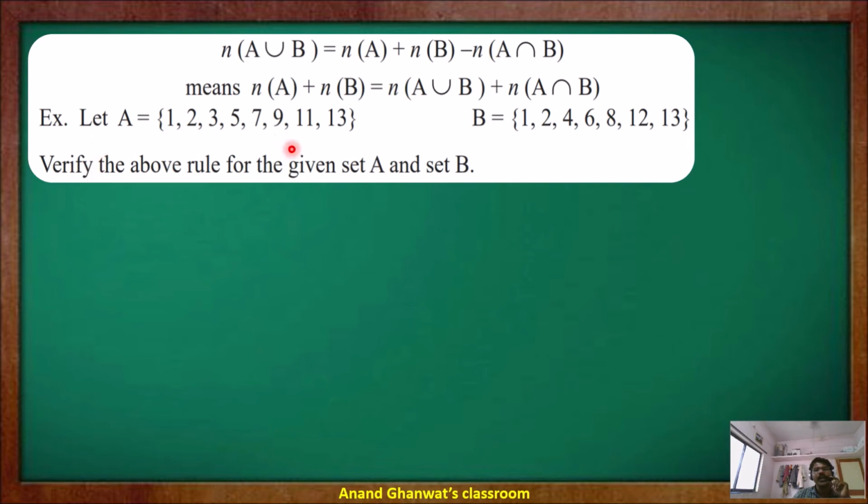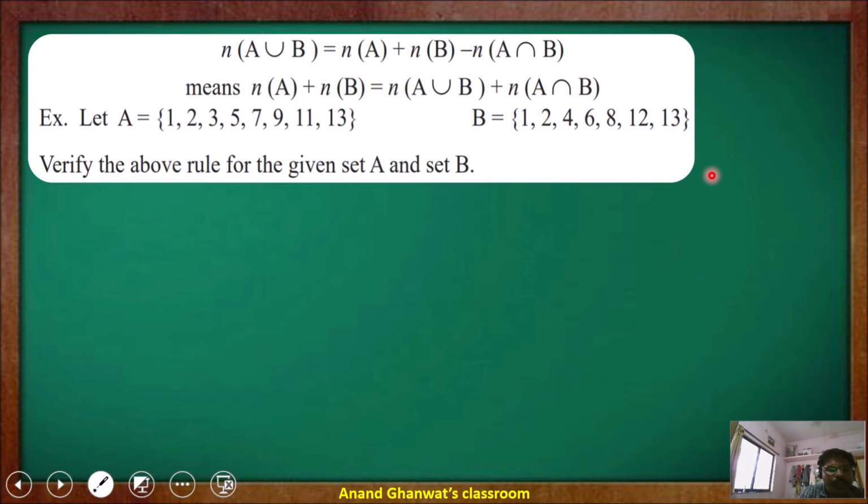Let us verify this rule using set A, which is 1, 2, 3, 5, 7, 9, 11, 13, and B, which is 1, 2, 4, 6, 8, 12 and 13. Verify the above rule for A and B. So let us verify.